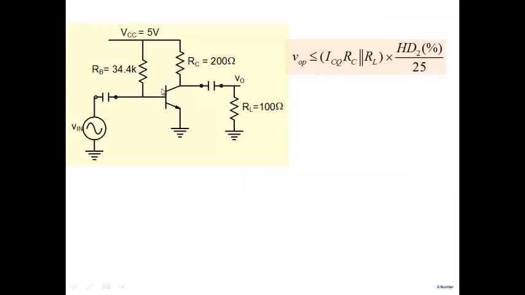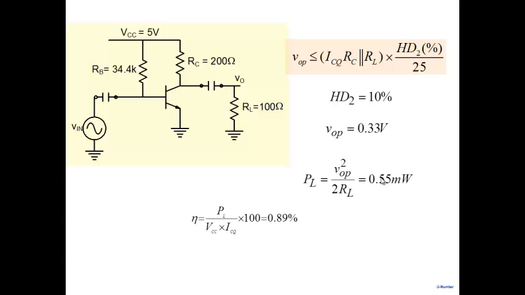So you decide, let me see what this amplifier can do for me if I put 10% harmonic distortion. Then you calculate this, and you find that for 10% harmonic distortion I can build up only 0.33 volts here, and then you calculate the power. So it's V0P squared by 2RL. It comes out half a milliwatt, right?